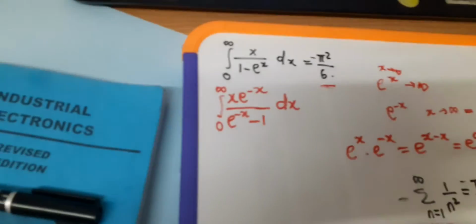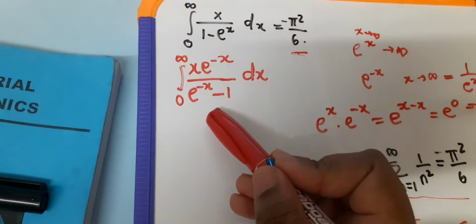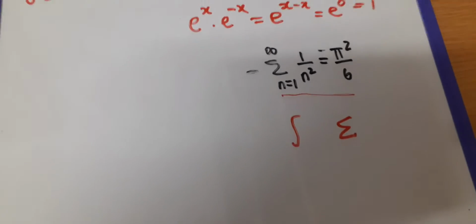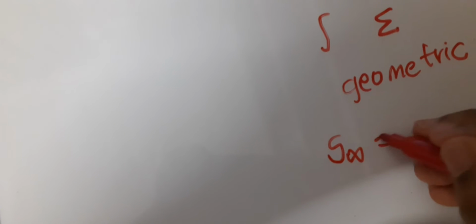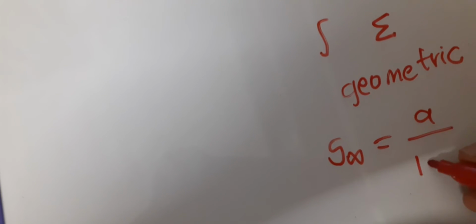And to do that, you might realize that this is a familiar looking integration of the geometric sequence, meaning that S to infinity equals a over 1 minus r, which equals the sum n equals 1 of a r to the n minus 1 till infinity.